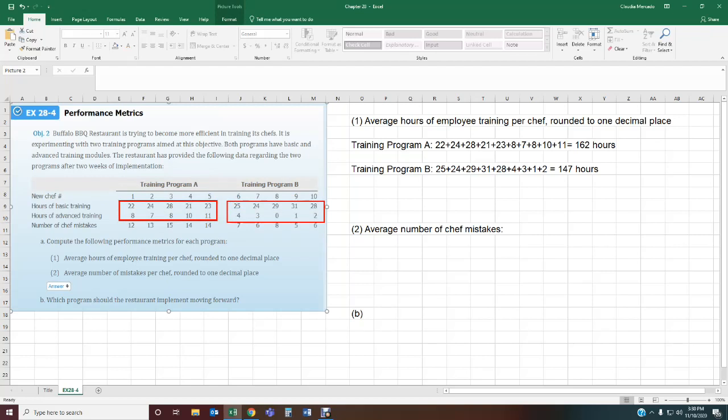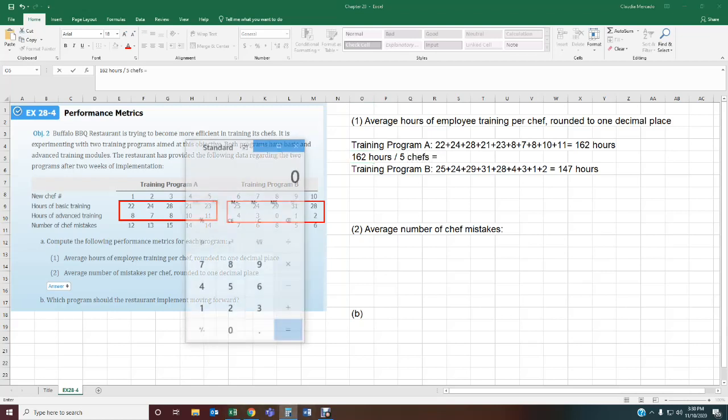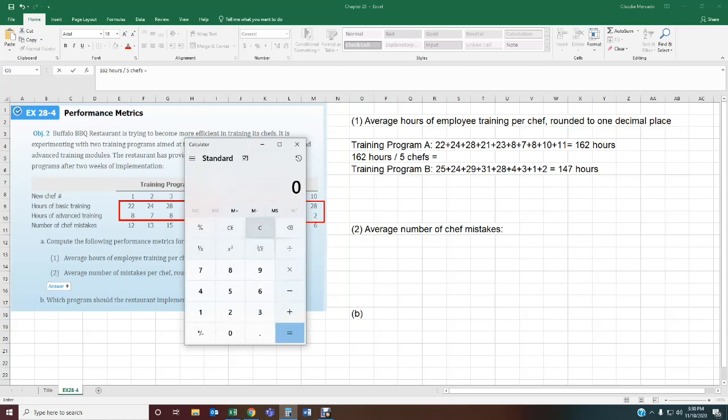I know that I have 162 hours invested in training program A, and I'm going to divide that by the number of chefs that we have. We have 5 chefs in training program A. So I've got 162 hours divided by 5.